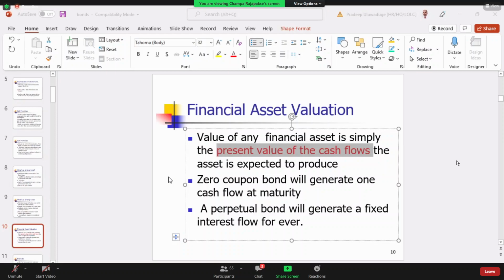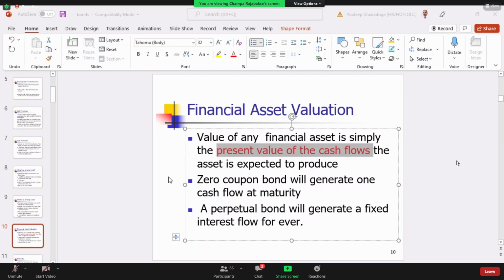Then a perpetual bond will generate a fixed interest flow forever. So you know the meaning of perpetual. A perpetual bond is a bond without maturity, right? When we were talking about annuities, we said a perpetuity is an annuity which doesn't have a maturity date or a stop date; cash flows would flow into the infinite future.